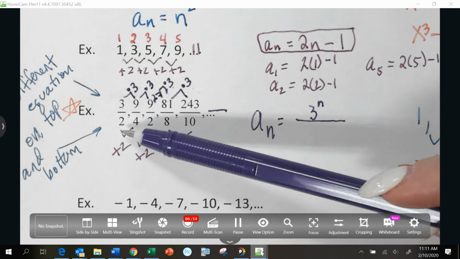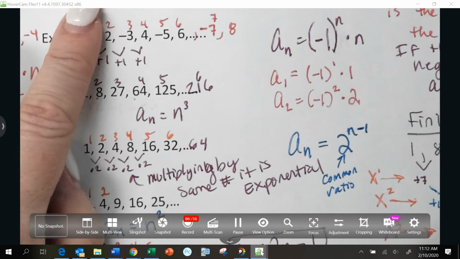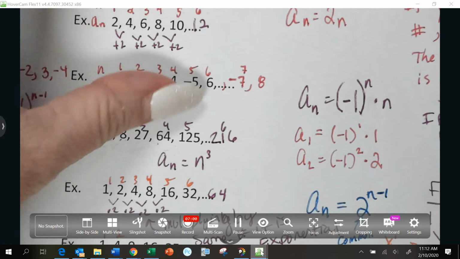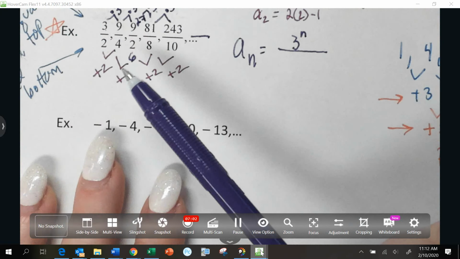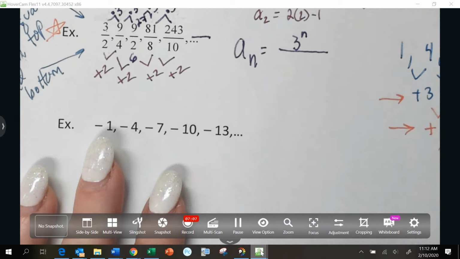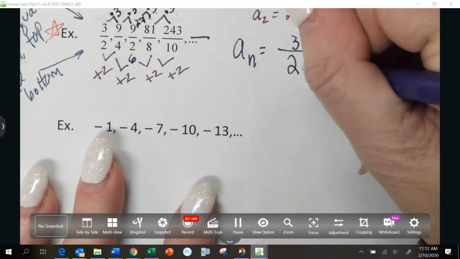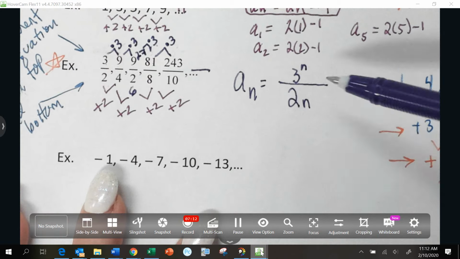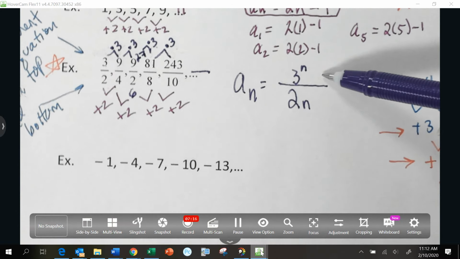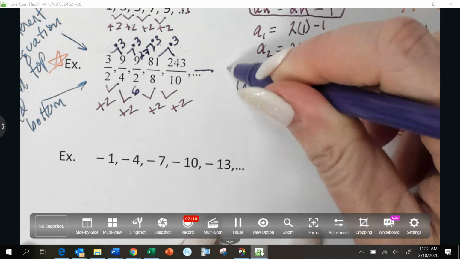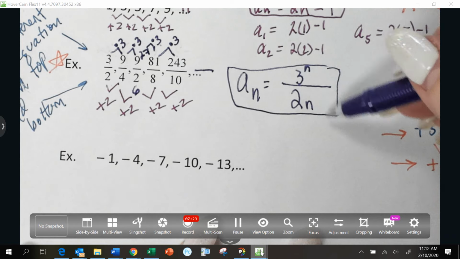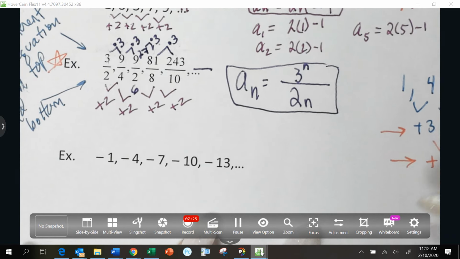The very first question was 2, 4, 6, 8, 10, which is what my denominators are. What's the formula? 2n. 2 times n. So that's a regular n. This one up here is 3 to the nth power. So when you do fractions, you just do a separate formula on top than on the bottom. You do them separately, and then you put them together and they're a fraction now.